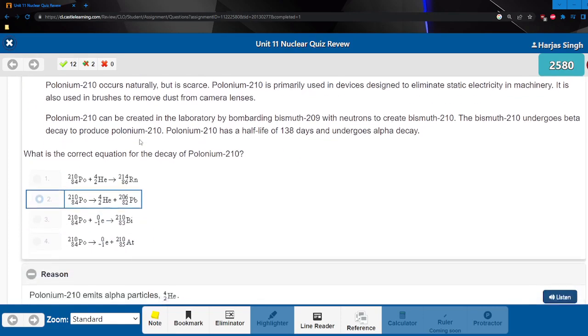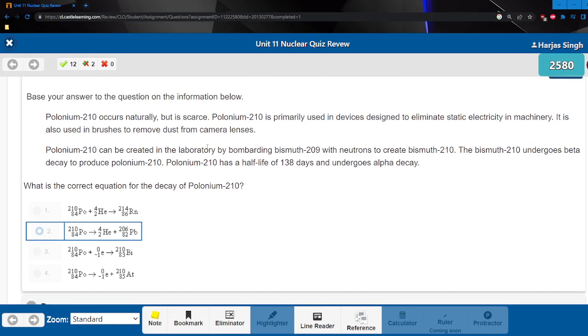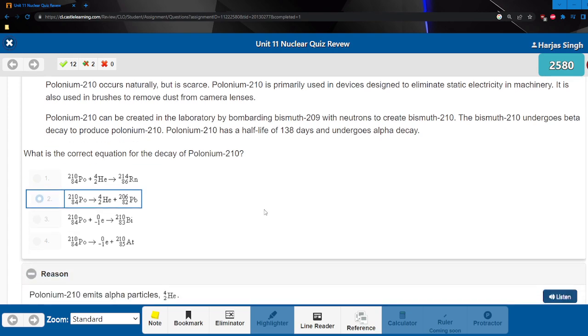Number 8, this is a natural decay, right? As you can see right here, it occurs naturally, but it's scarce, whatever. Here you want to pay attention. Make sure there's only one thing and an arrow for a natural decay. And what you want to make sure of is that the atomic charges line up, first and foremost.